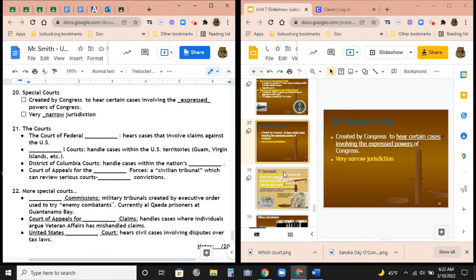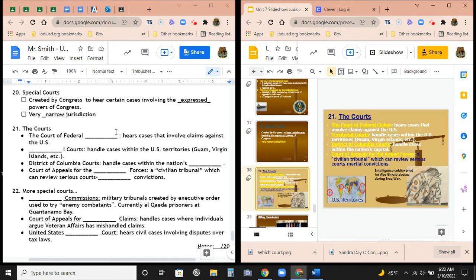Notice when you do it this way, you kind of have to look at it a couple times. I think that's actually a good thing. Let's write this up, then we'll talk about it. The Court of Federal Claims. Here's cases that involve claims against the U.S. So when someone's suing America, that's where we go.